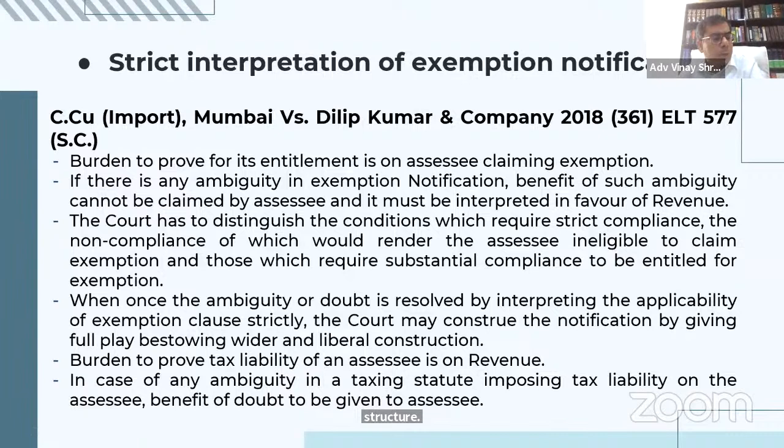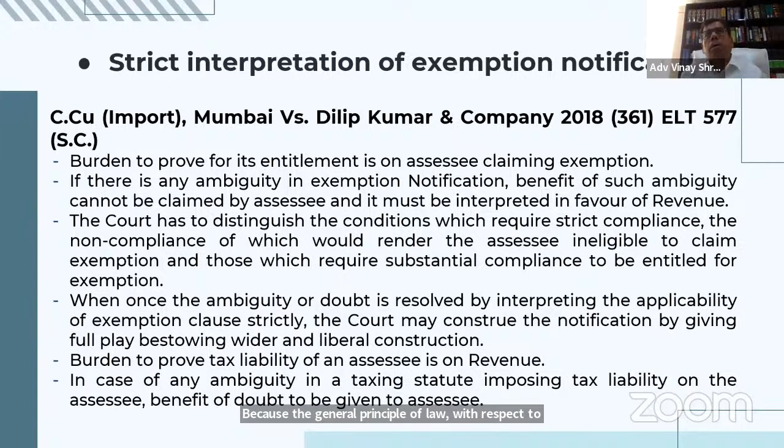So now let us come to the rule of interpretation of an exemption notification. Here I will discuss two judgments of the Honorable Supreme Court with respect to the rule of interpretation. Because the general principle of law with respect to classification, which I discussed in my earlier session, was that the benefit of doubt goes to the assessee.